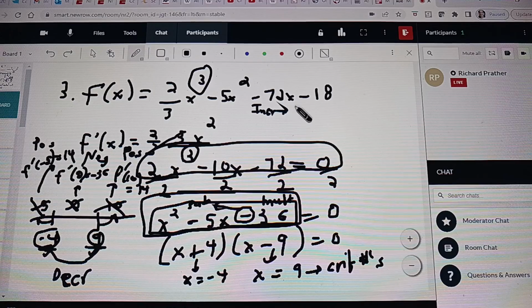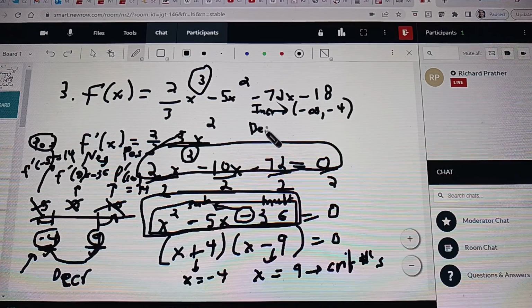You always start at negative infinity, so we're increasing from negative infinity until we get to the first critical number, negative 4. And that's because the derivative is positive in that whole section. Then it switches to decreasing after that because the derivative switched to negative next.